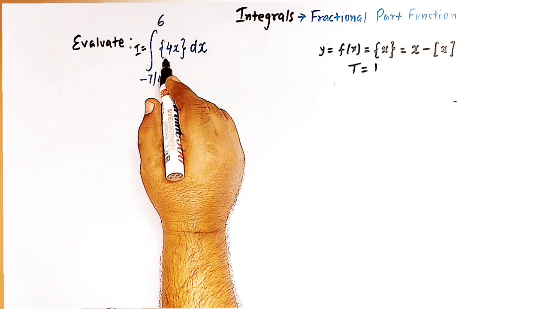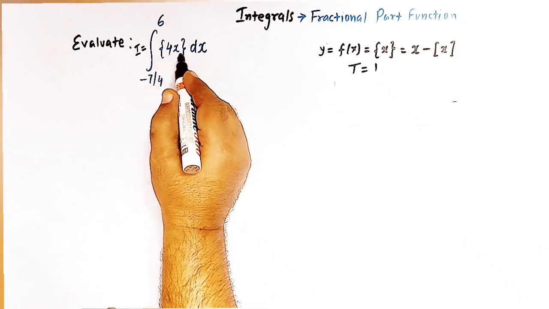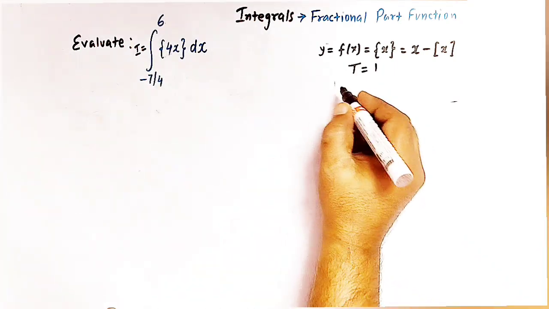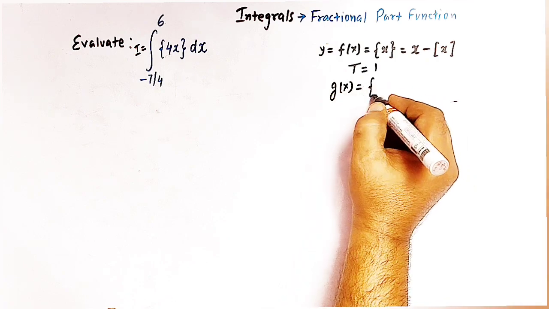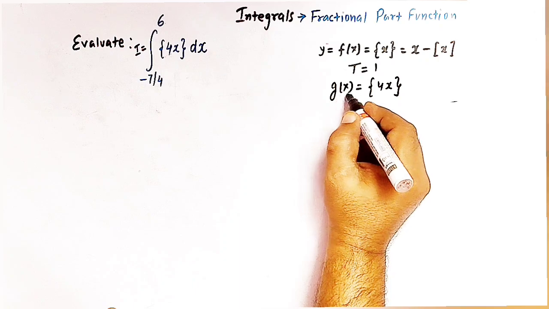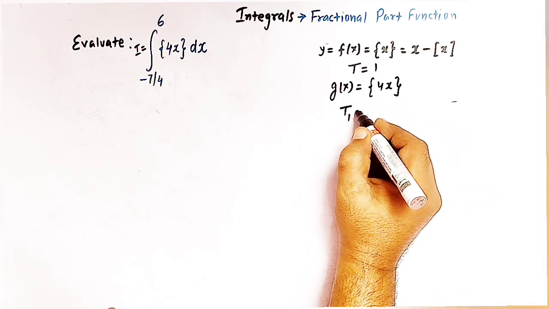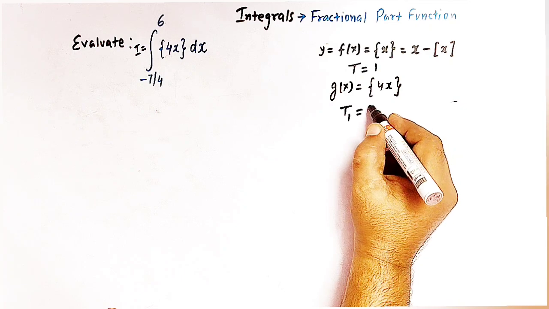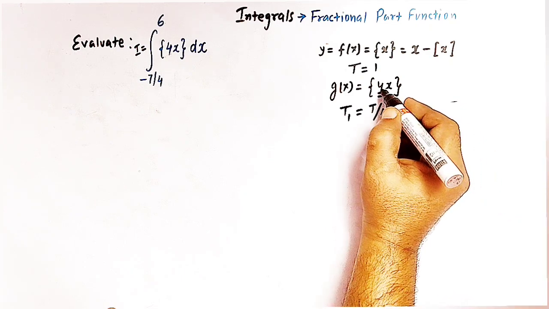Now see, here we have this function that is the fractional part of 4x, right? So if we take this function as the g of x, that is fractional part of 4x, then the period of g of x is given by say t1, then t1 is given by t by 4, because here we have the coefficient 4, right?